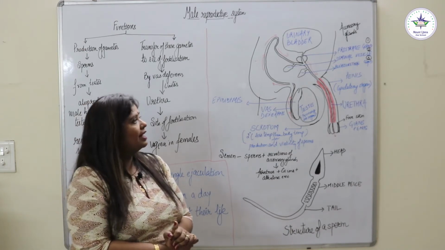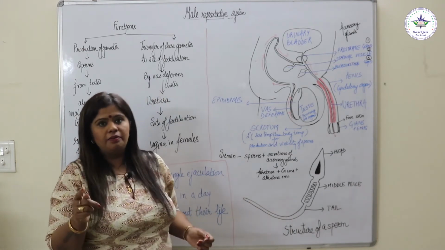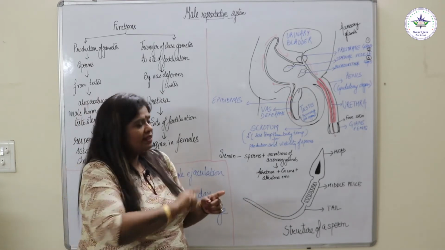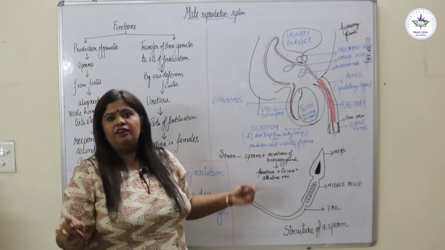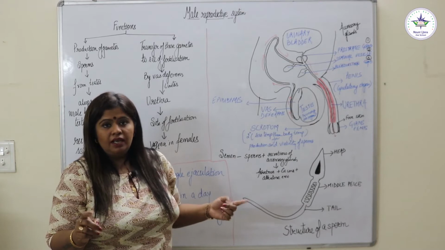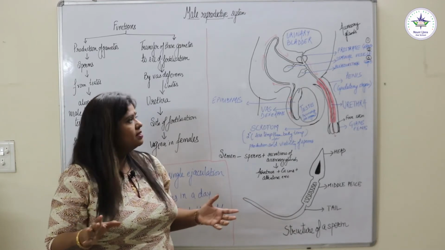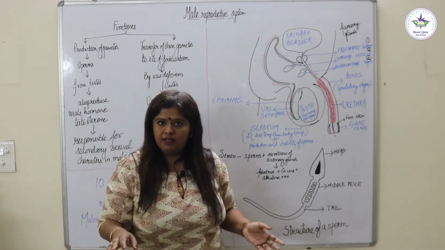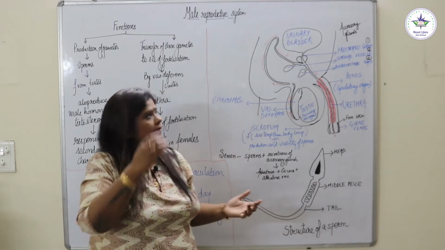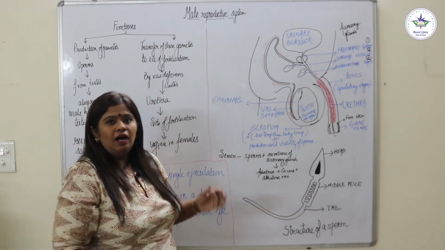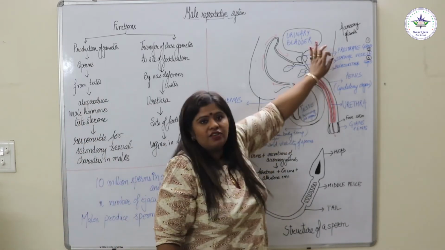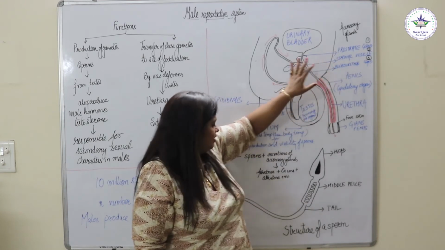The site of fertilization is the oviduct of the females. So during this complete travel, the sperms need energy as well as a medium to travel. That's why the fluid is important. So now we understood why accessory glands are important and what the function of the accessory glands is.